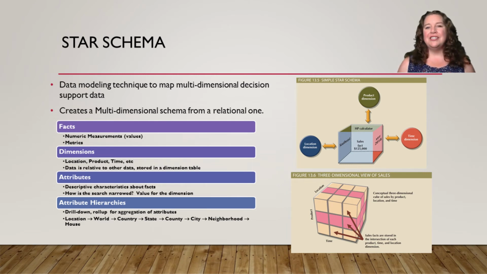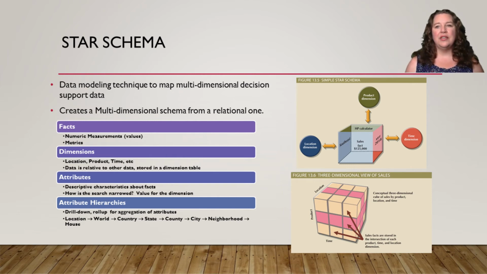So the dimensions of, say, 3 of these cubes could be 3 different products all in the same location and time. So you can see the 3D Rubik's Cube kind of thing that they're showing here, where we have the sales facts all for the specific product over different time. We have the sales fact over different locations, and we have the sales for that location and time for different products. And all of these tell you about these facts.